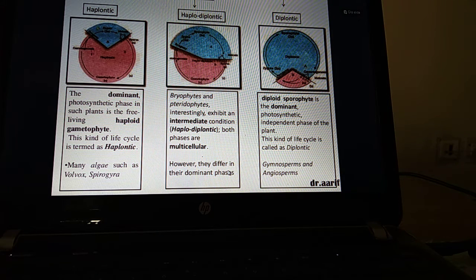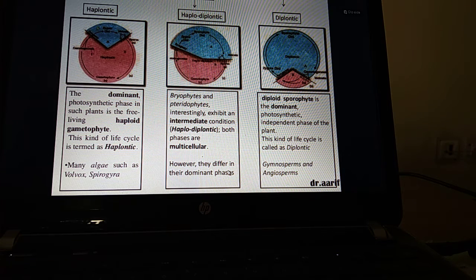In the life cycle of the plant, both these phases alternate with each other. This is what is called alternation of generation. So both phases come one after the other. Three basic types of life cycles are there: haplontic, haplodiplontic and diplontic.